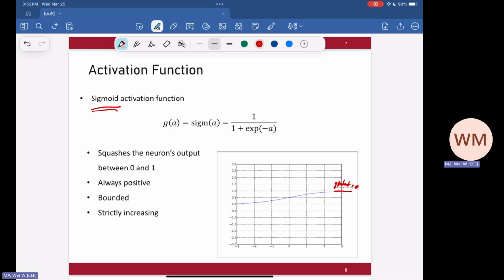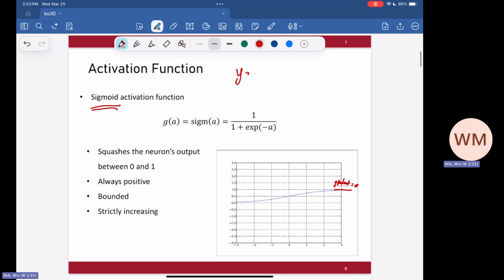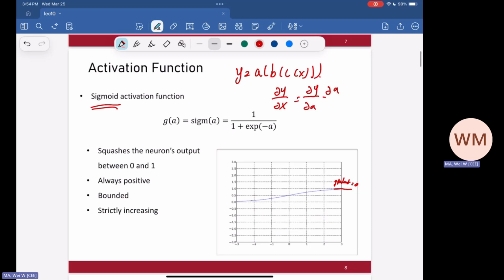Gradient vanishing means that, because of the chain rule, for example, let's say we have y equals a, b, c, x, and we calculate partial y over partial x. This equals partial y over partial a, times partial a over partial b, times partial b over partial c, times partial c over partial x. Chain rule, right? I think this is easy to understand.